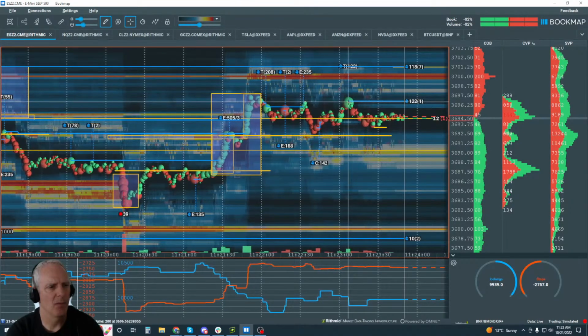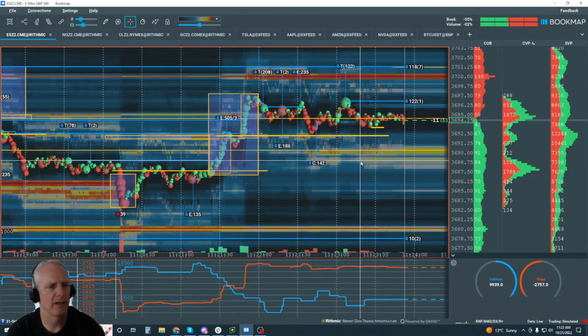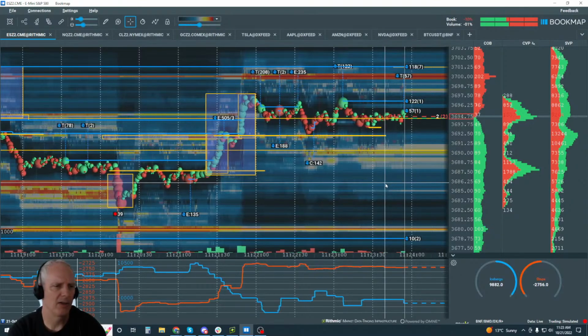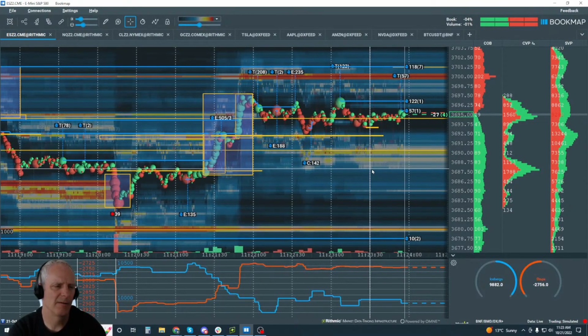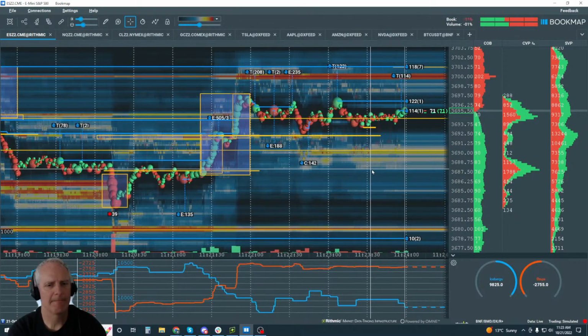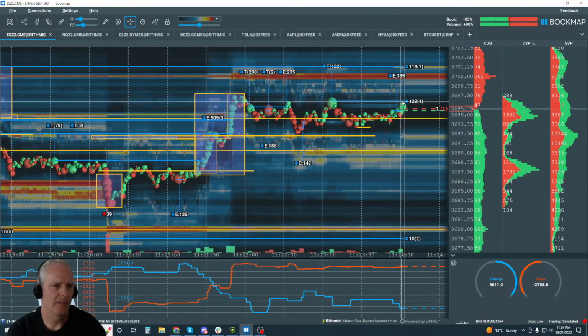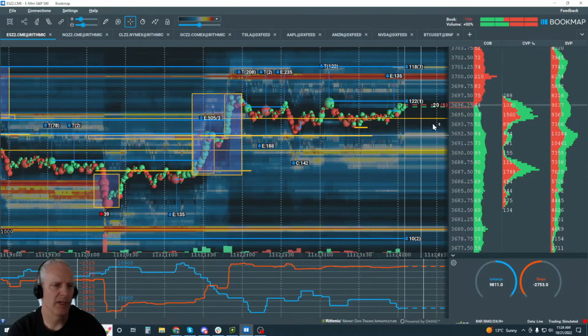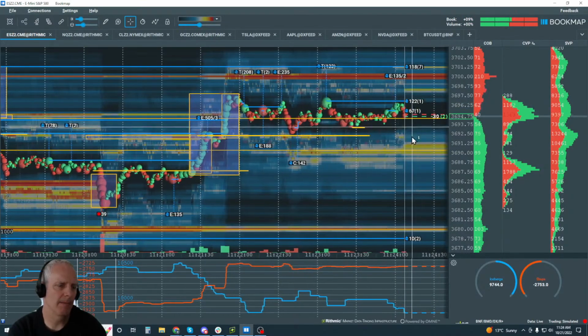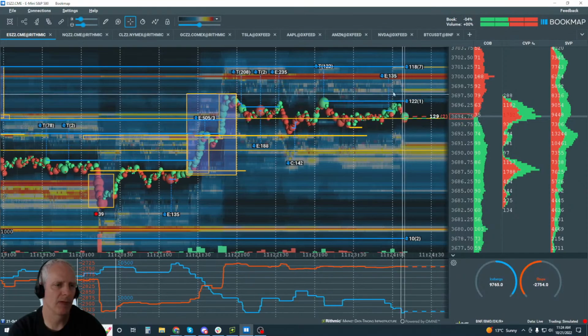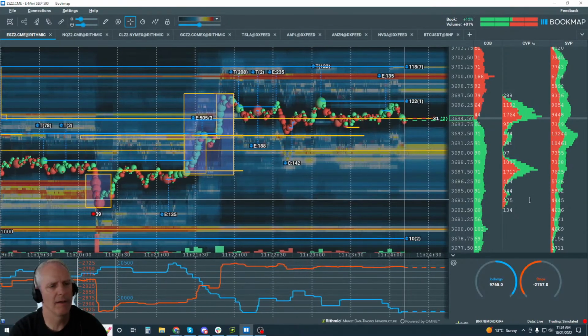And then more buying up here, up into 3,700. Okay, still pretty dark under here on the bid, so we don't really have all the pieces still.